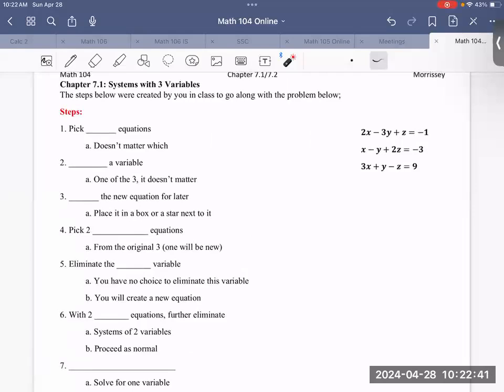So it says, the first step, we're going to pick two equations. Now, it doesn't matter which ones we choose. So we have three equations here, and we're just going to pick two of them.